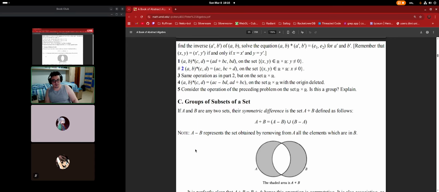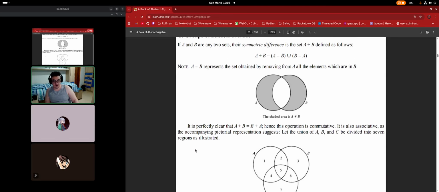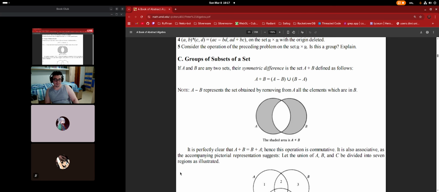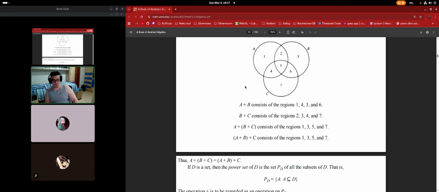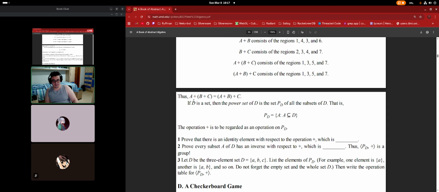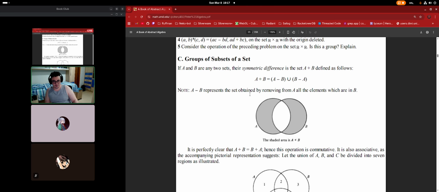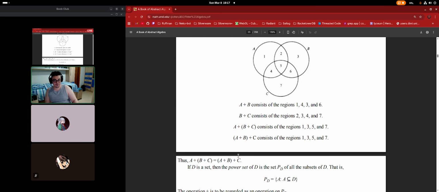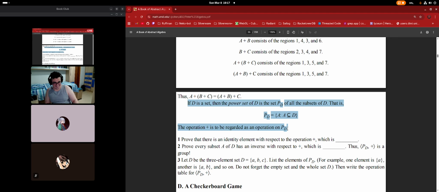Anyway, about the exercises, the one that I would like to highlight is C, because all of this is kind of fine, but I felt this portion of the exercise was kind of random. We started with a particular context of defining what symmetric difference is, and then out of nothing, this.